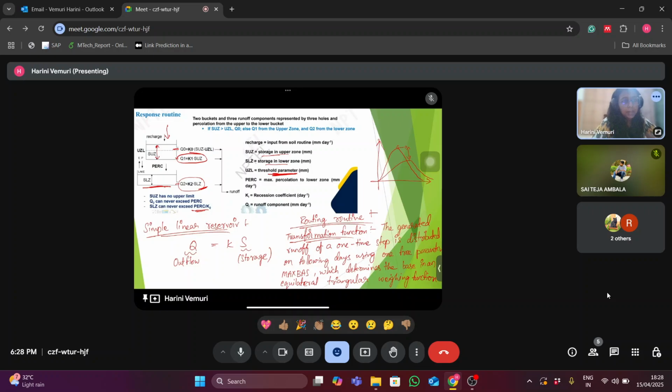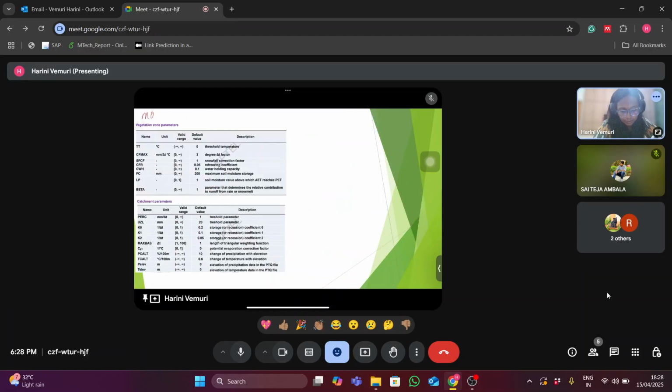For any model, we have multiple parameters. This is the list of parameters in the HBV model. First we have vegetation zone parameters. Since it has distributed or semi-distributed modules, we can classify the basin into a maximum of, I think, three vegetation zones, and for each zone we have to give the values of these parameters.